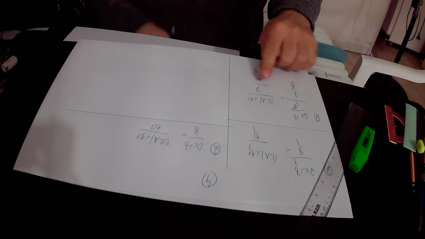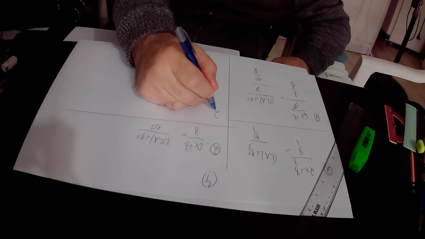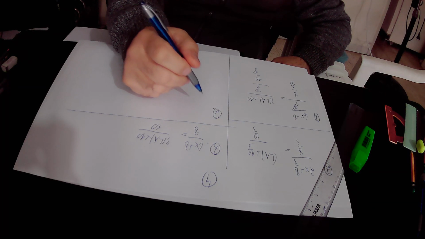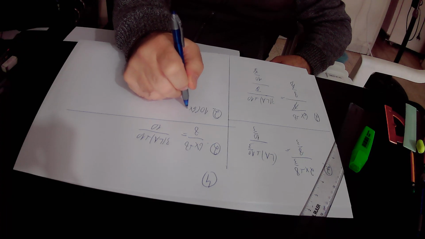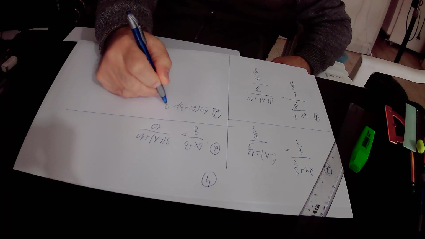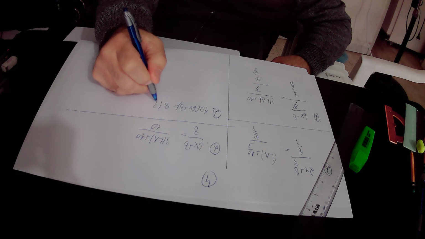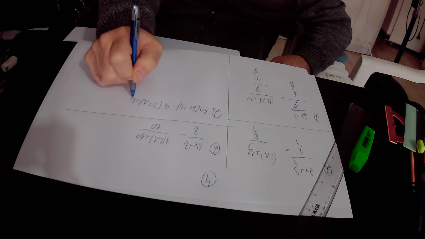Okay, so here we of course multiply this equation 2, and we get that according to equation 2, 10 times 6x plus 8 equals 8 times 3LA plus 10.